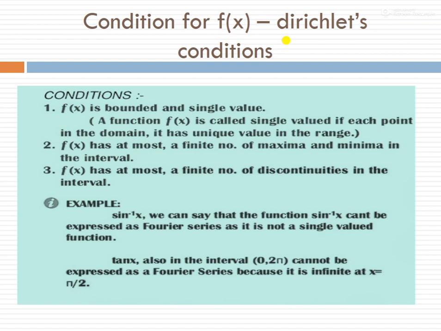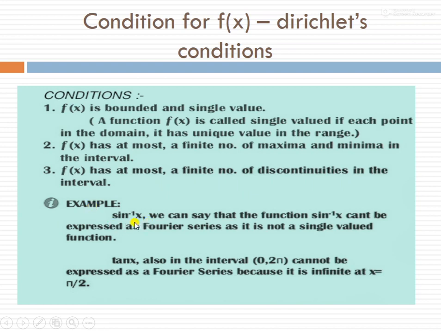That is, first, f of x is bounded and single valued; second, f of x has at most a finite number of maxima and minima in the interval; and third, f of x has at most a finite number of discontinuities in the interval.